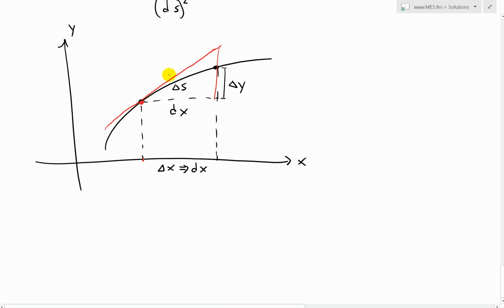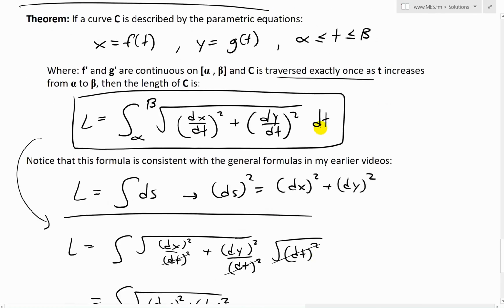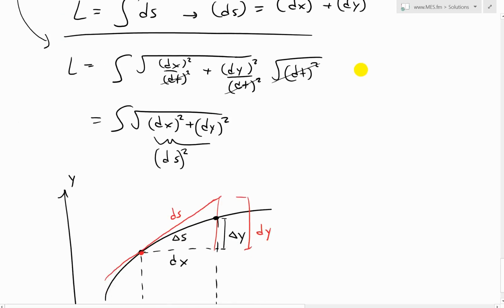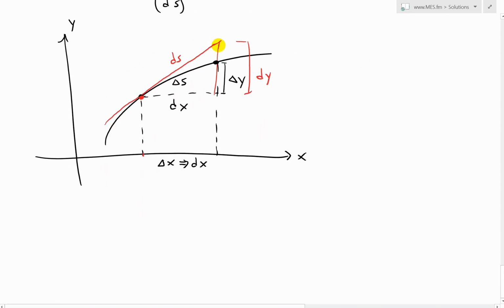So this full length like that is our ds, and then this distance across would be our dy, because this is all dependent on the dx, and that's what we always have in an integral. This one's dt, but if you were dealing with just the y equals f of x formula, as I showed above, it's dx. Then these ones are all calculated based upon that.